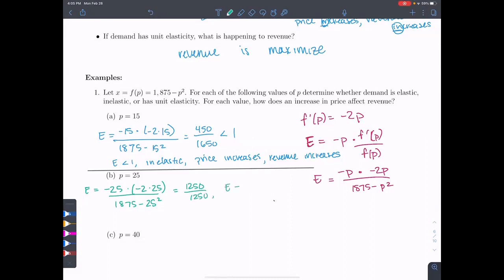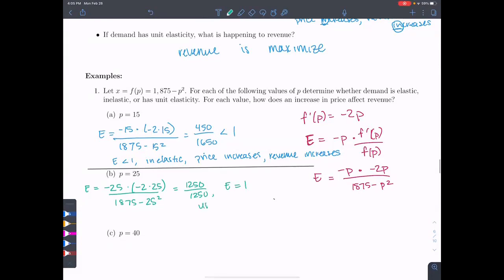So E equals 1. So this is unit elasticity. So revenue is maximized.